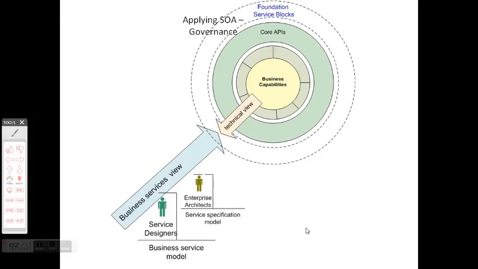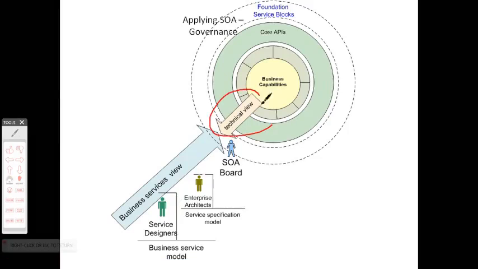Then those business service models are handed over to enterprise architects, and the enterprise architect creates a service specification model for those services. Then the SOA board, which is the board that controls how the technical view of our capabilities is matched and complying with the business service view.